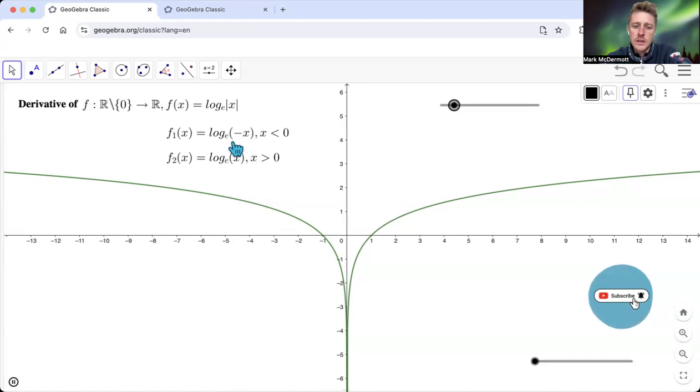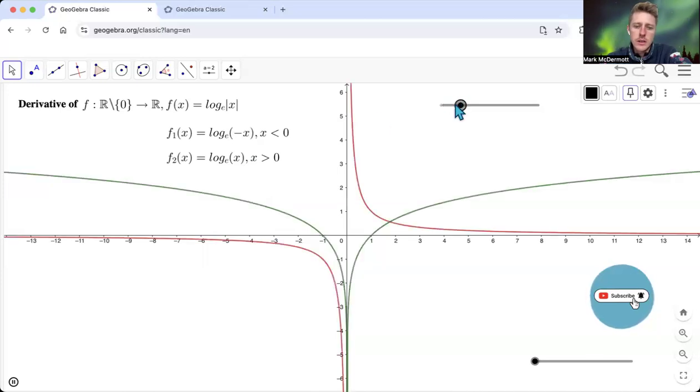So log base e of modulus x is two parts, log base e of negative x and log base e of positive x. And this is what it looks like in green. So this is a shorthand way of writing these two functions. I'll just point out as well that this first function is a reflection across the y-axis of log base e of x.